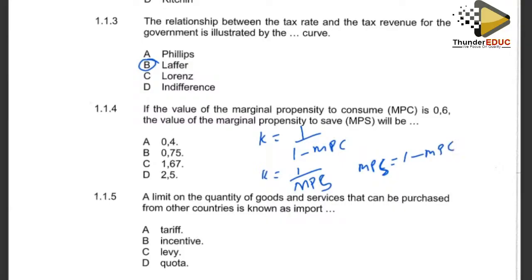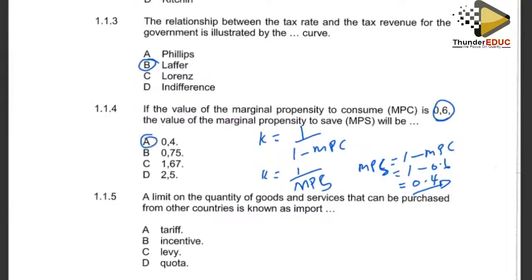So if you check in this regard, the MPC that we have is 0.6. So now, when you substitute, you are going to have 1 minus 0.6, then 1 minus 0.6 will take us to 0.4. So if you check the options given, the appropriate answer in this regard is going to be A.